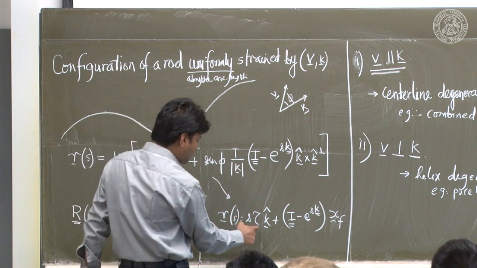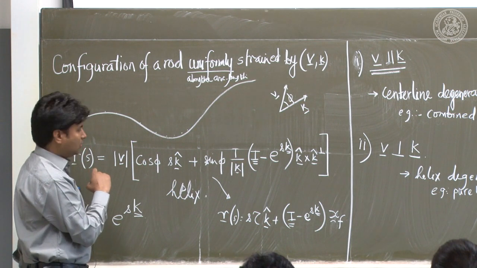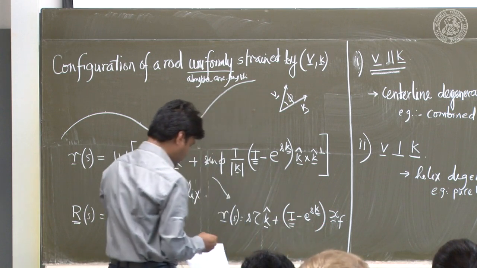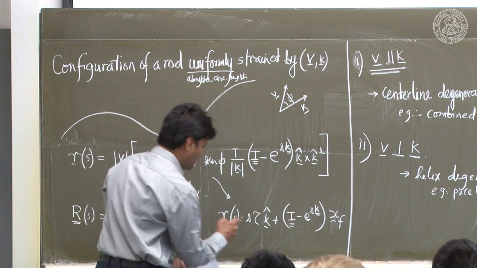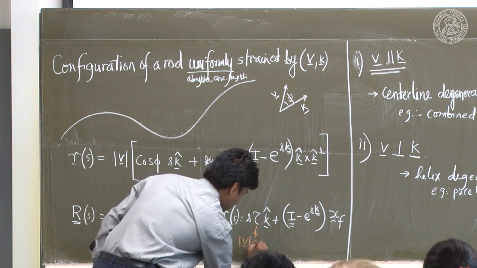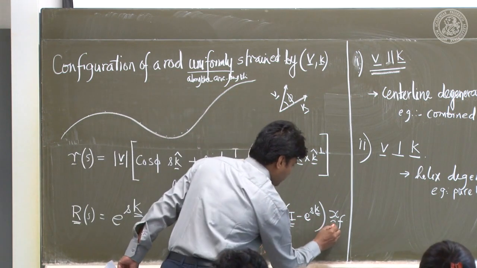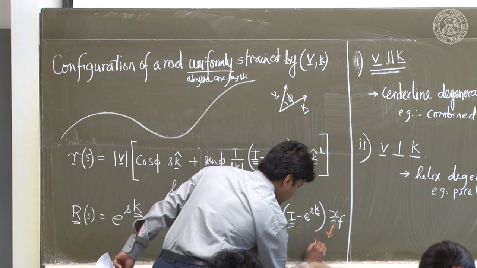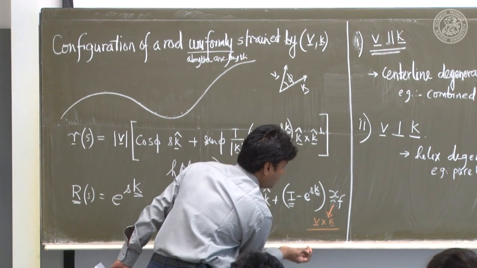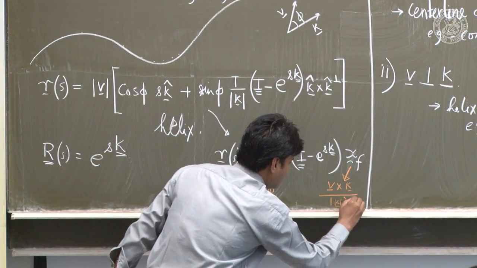And then we had defined tau as magnitude of v times cos phi, whereas this little x f, you could see that is the same as v cross k divided by magnitude of k squared.